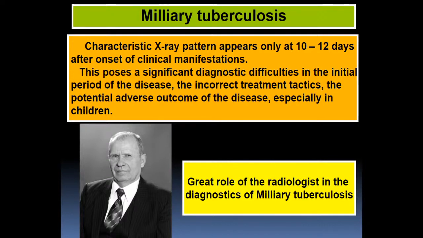This poses significant diagnostic difficulties in the initial period of the disease, leads to incorrect treatment tactics, and a potential adverse outcome of the disease, especially in children. This is the great role of the radiologist in the diagnostics of miliary tuberculosis.